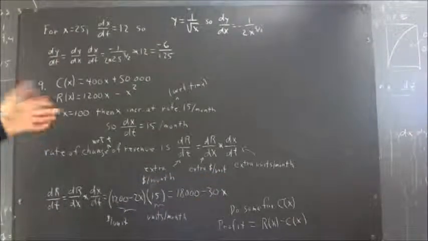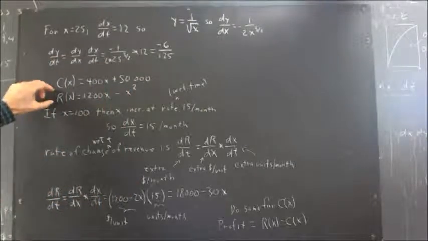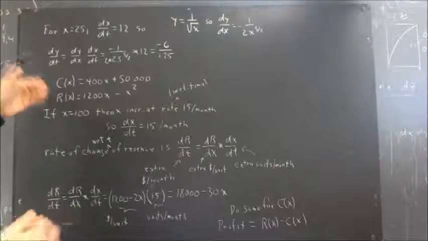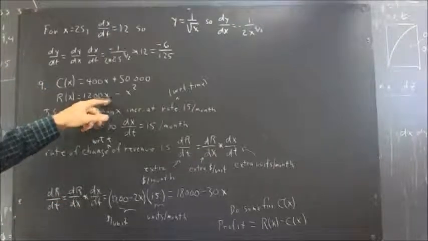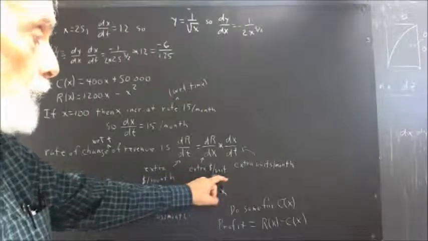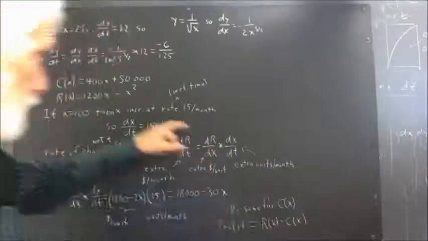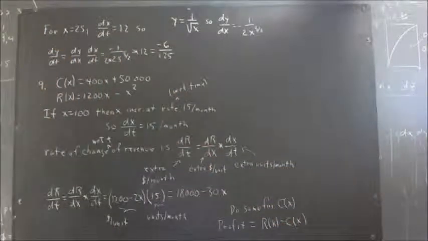If you're doing delta R over delta X, you're getting the change in the number of dollars you get, divided by the change in the number of units you produce. That's the extra money you get per unit. And dx/dt is the extra number of units per month. That would be our 15 units per month.